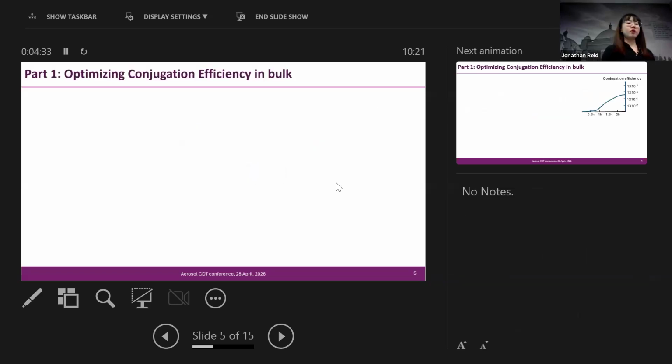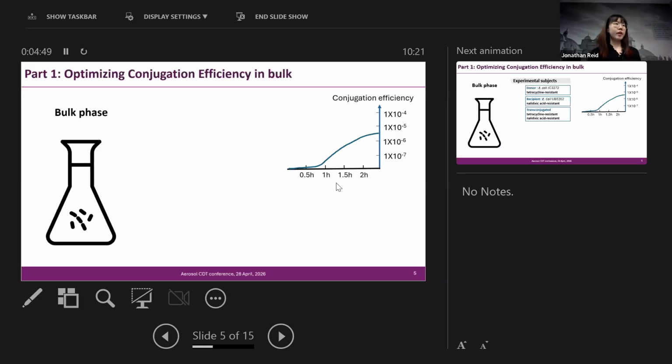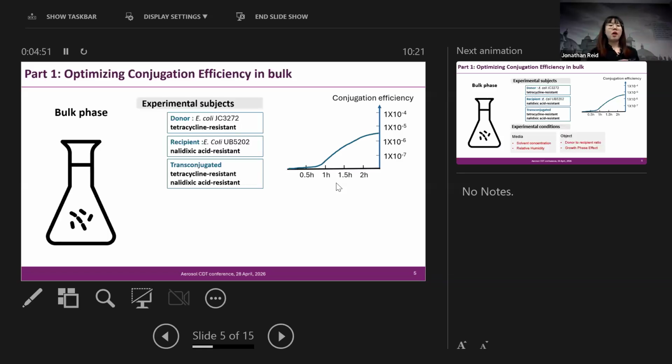Okay, so let's move to our first part. We need to optimize the gene transfer conjugation efficiency in bulk to help us observe the possibility of gene transfer happening. So here is how the figure looks. In the bulk phase, we picked the donor, an E. coli with tetracycline resistance, and the recipient, which is nalidixic acid resistant.